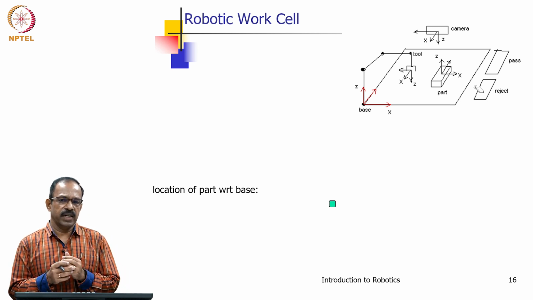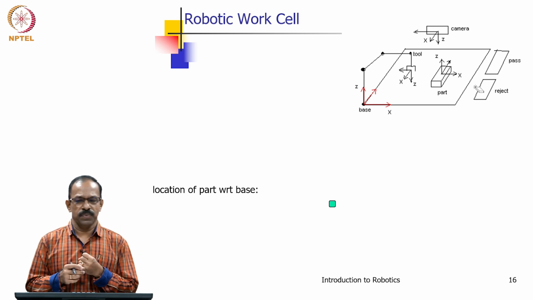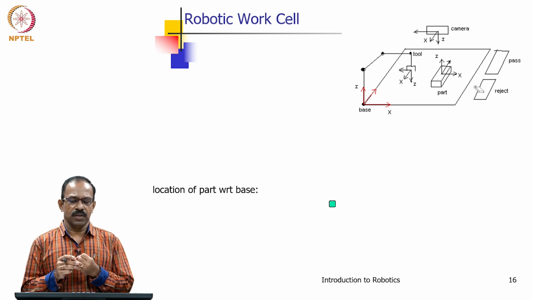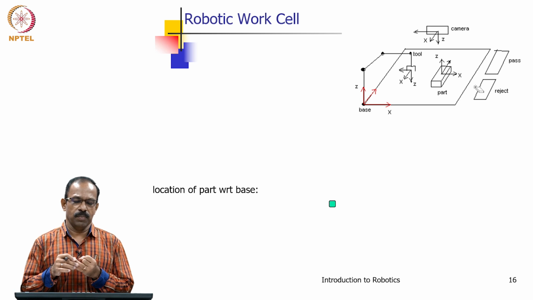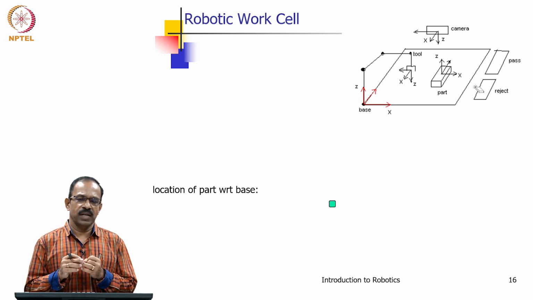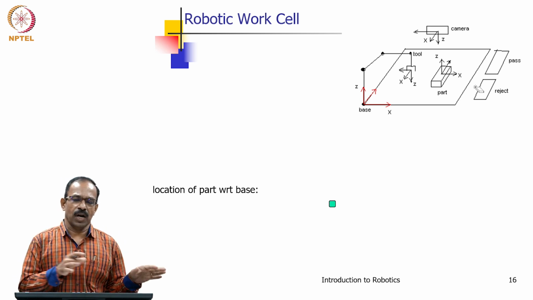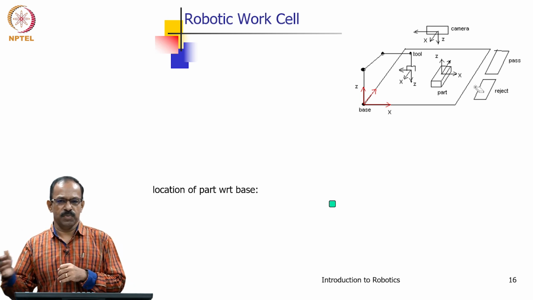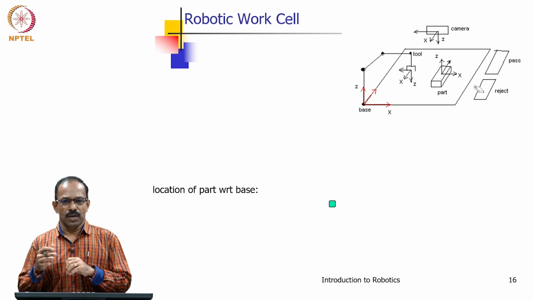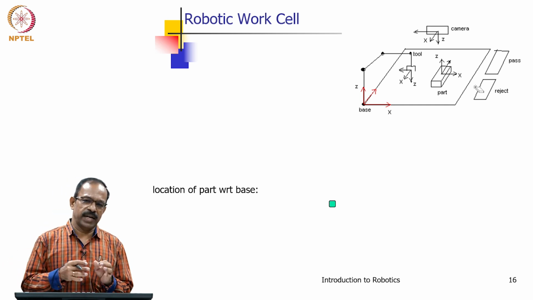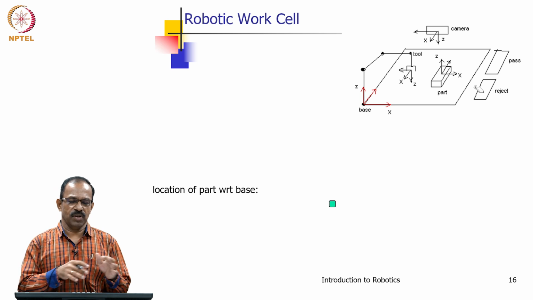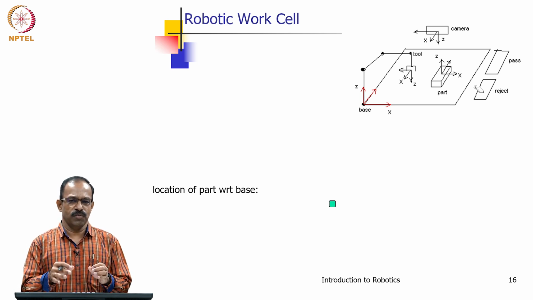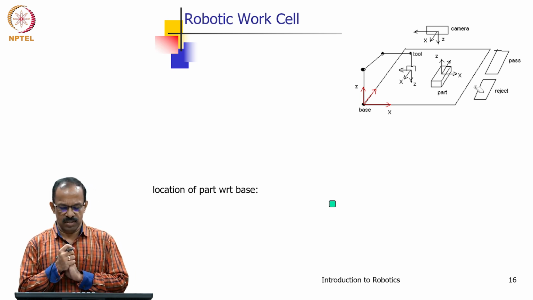A robotic work cell typically consists of a robot and some sensors to sense the presence of objects, and some mechanism to bring something to the robot and take something from the robot, or some kind of pallet to place objects. So, something should be there around the robot in order for the robot to do some meaningful task.